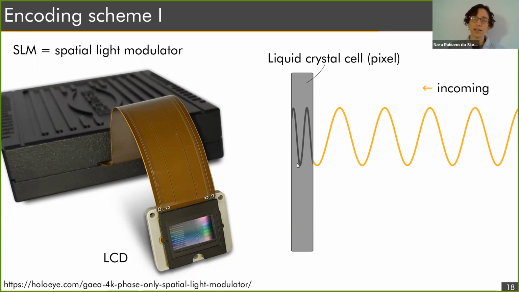The refractive index can be changed pixel by pixel, and the light coming in will propagate inside the pixel at a different speed and have a different wavelength, and then it will be reflected at the back surface of the pixel.